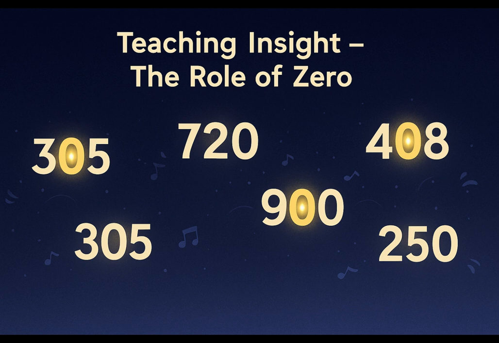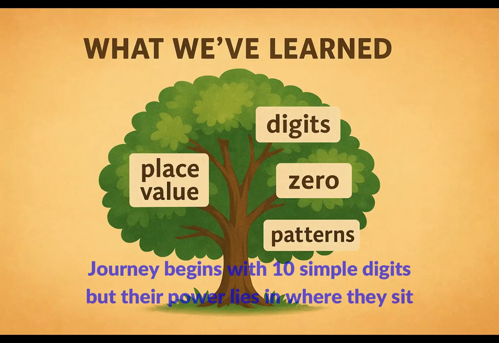It tells you what's missing and what matters. So, where do numbers begin? With 10 simple digits. But their power lies in where they sit, what they hold, and how we read between the lines.